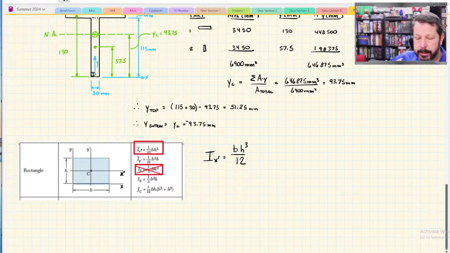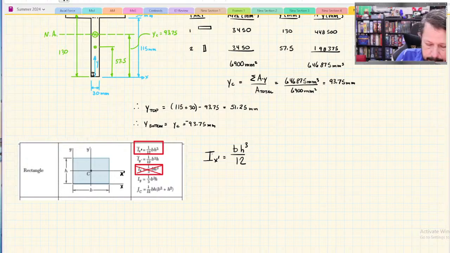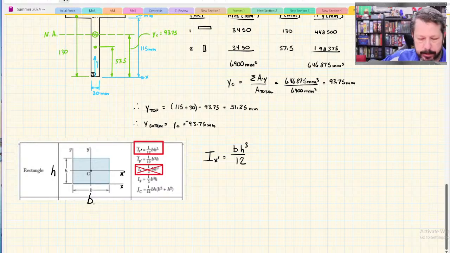That's the equation that we are going to use. And on the diagram, you can see, maybe it's also too small, this is b and this is h. They look the same when they're small because b and h are similar shaped letters. But the base is b and the height is h.